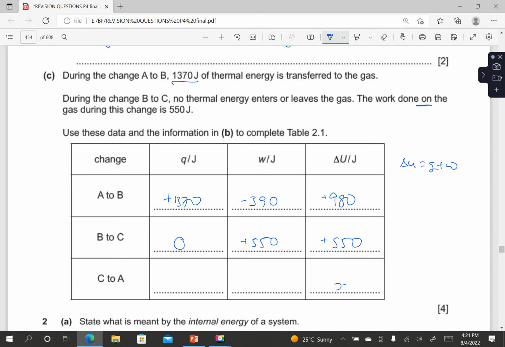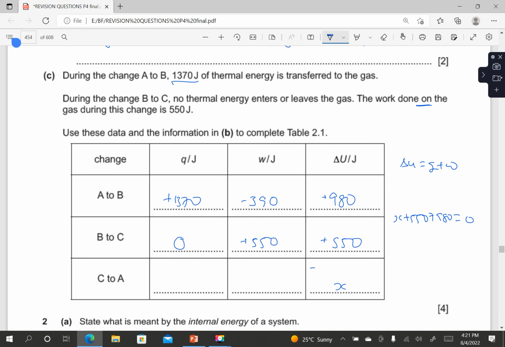So we can find this x. Remember that the total net change in internal energy is 0. So when I add up this, I should get 0. So x plus 550 plus 980 should give me 0, because the total change in internal energy is 0. That means the negative of this sum is what x is. So 980 plus 550, when it goes the other side, it becomes a negative.